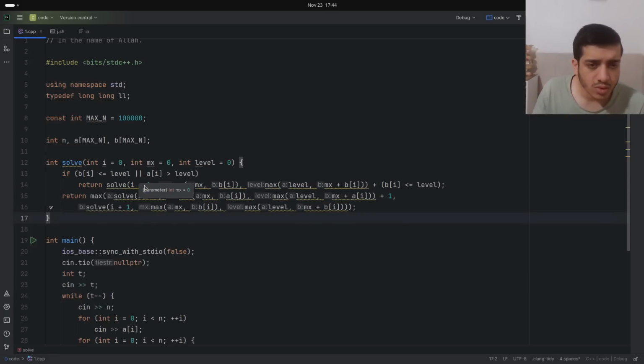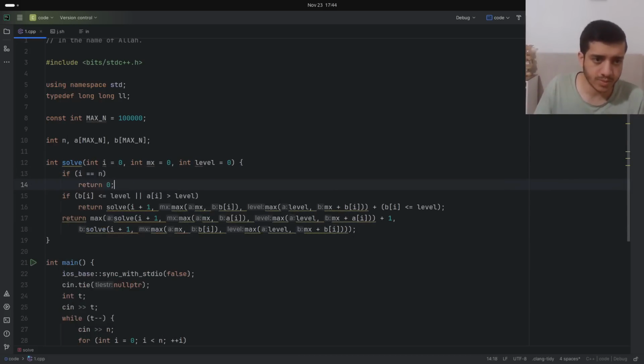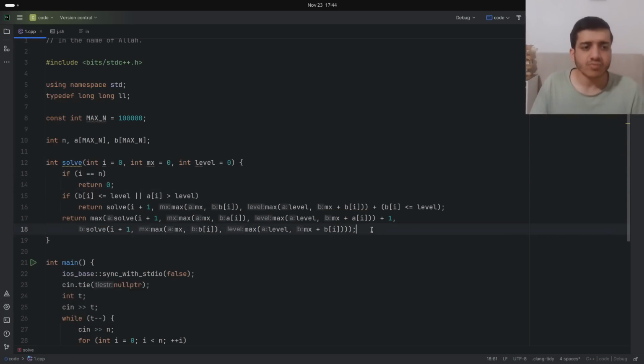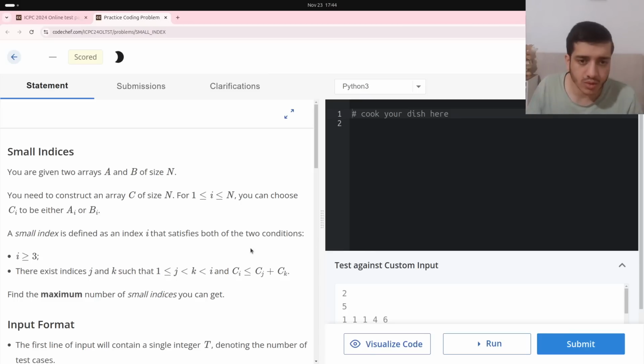It says that it's infinite recursion. Okay, if i is n, return 0. Okay, looks good to me. Let's try.